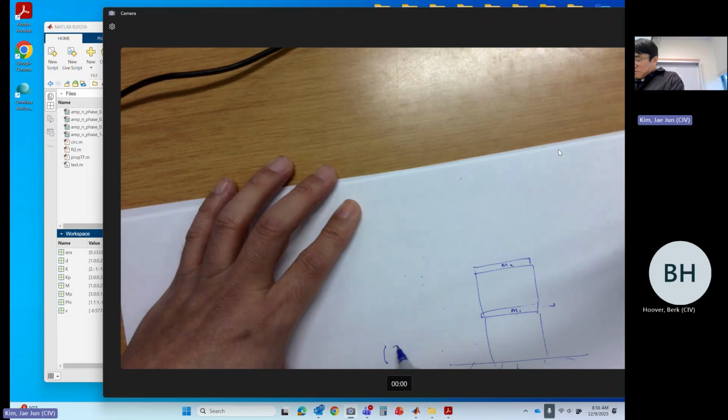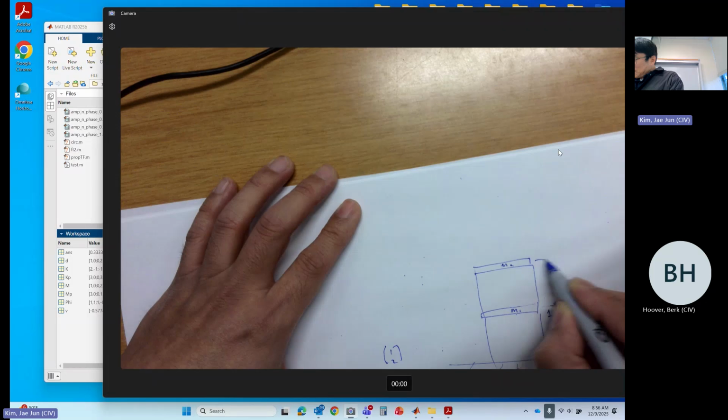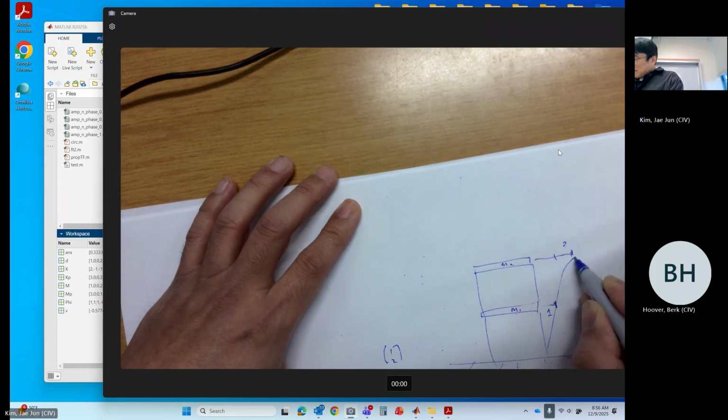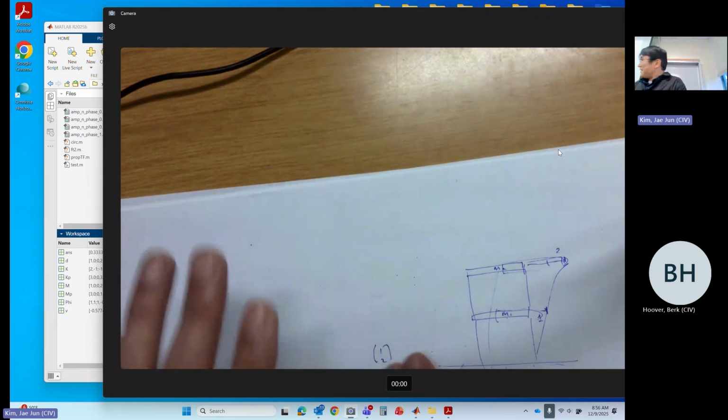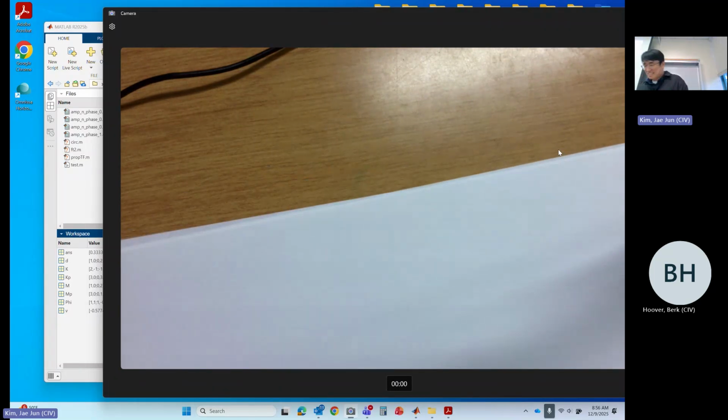So mode shape, let's say 1, 2, then this moves by 1, and then this moves by 2, and then like this, right? Got it. I just overthought it. Eigenvalues, mode shapes. Done.